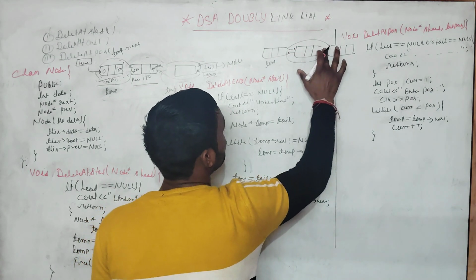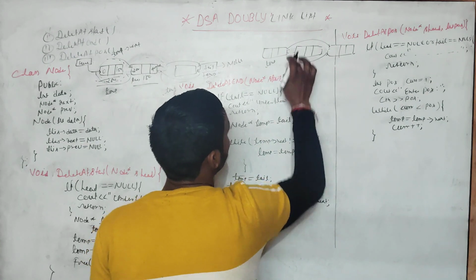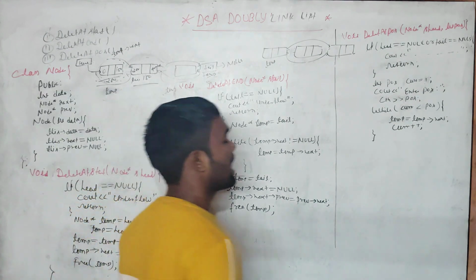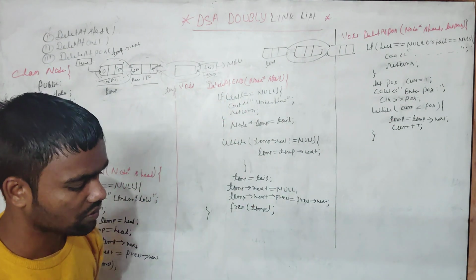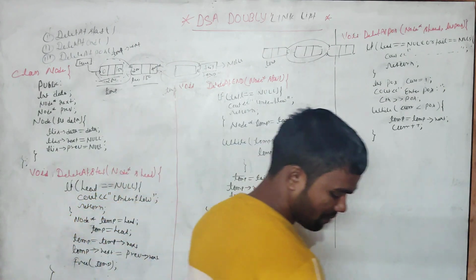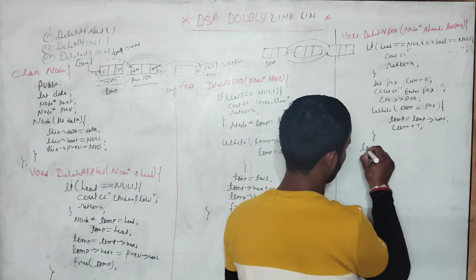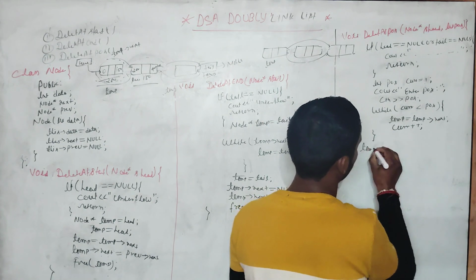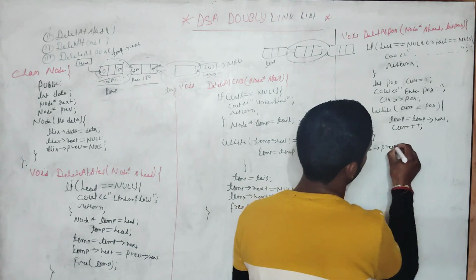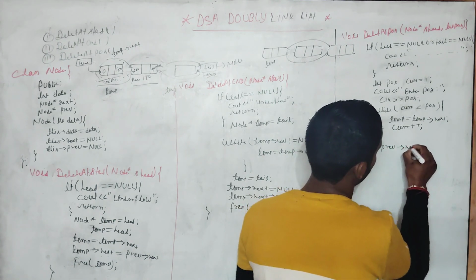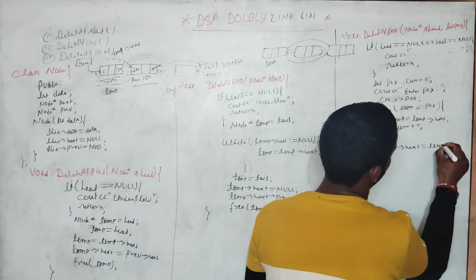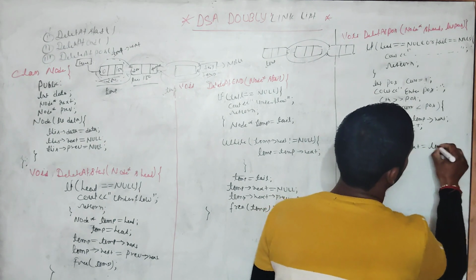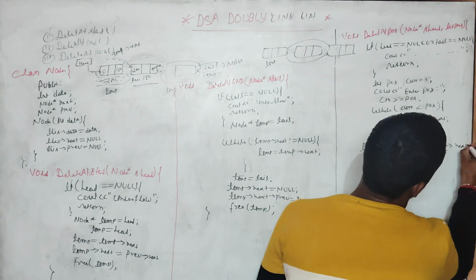Now when we are deleting this node, it will remove all pointers. Then I am writing here temp is equal to temp of next. Then what will we write here? Temp of previous of next is equal to temp of next.